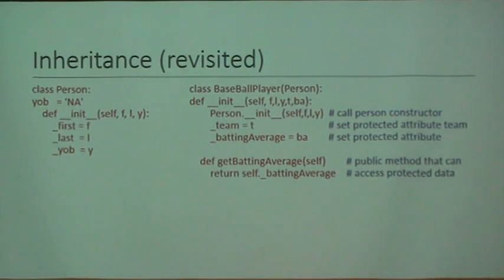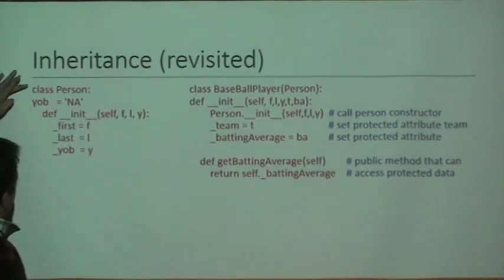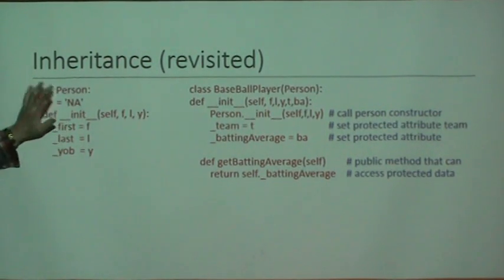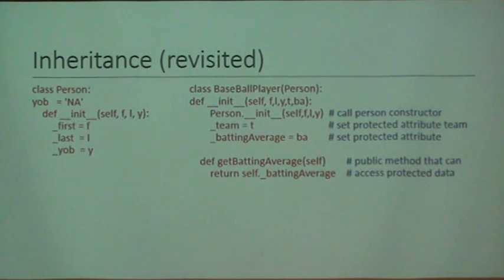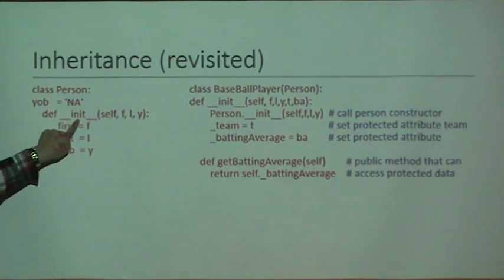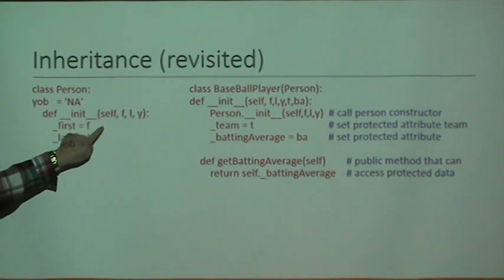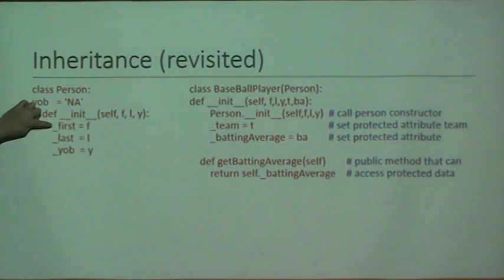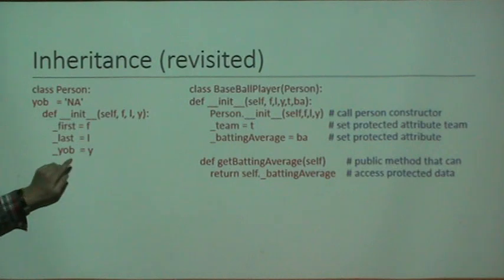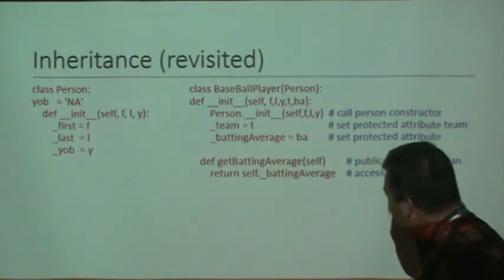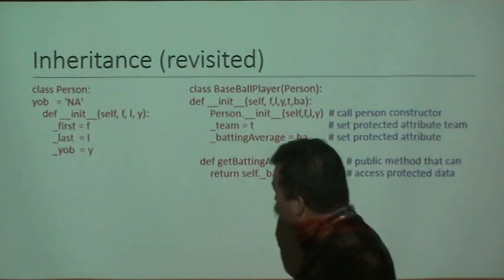Okay, so suppose we had a class called person with a year of birth that is not available. That's the only default being set. And we had a constructor which we call __init__. Pass in a first name, a last name, and a year of birth, then we fill in those fields. If these fields have a single underscore before them, that means they are protected fields.